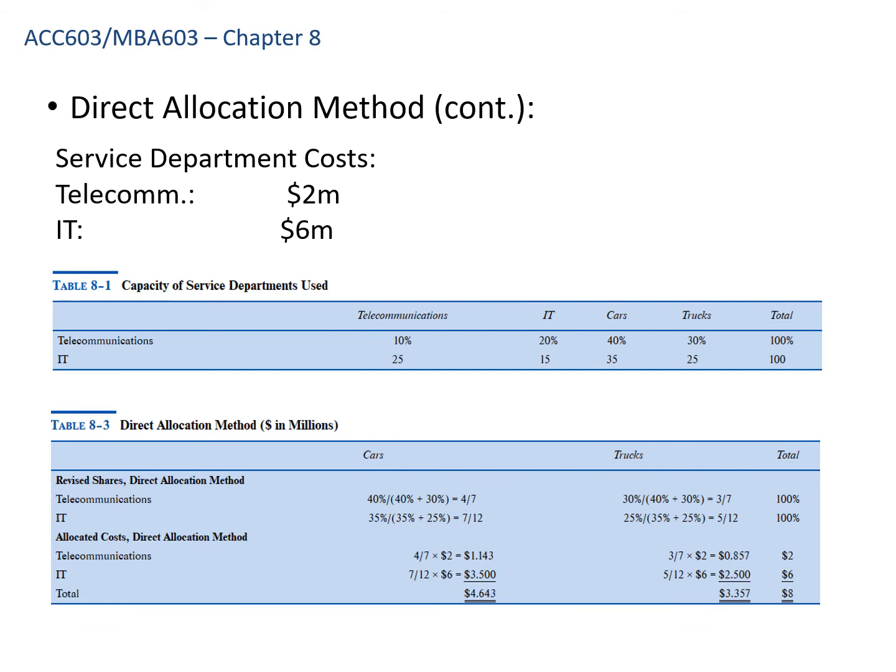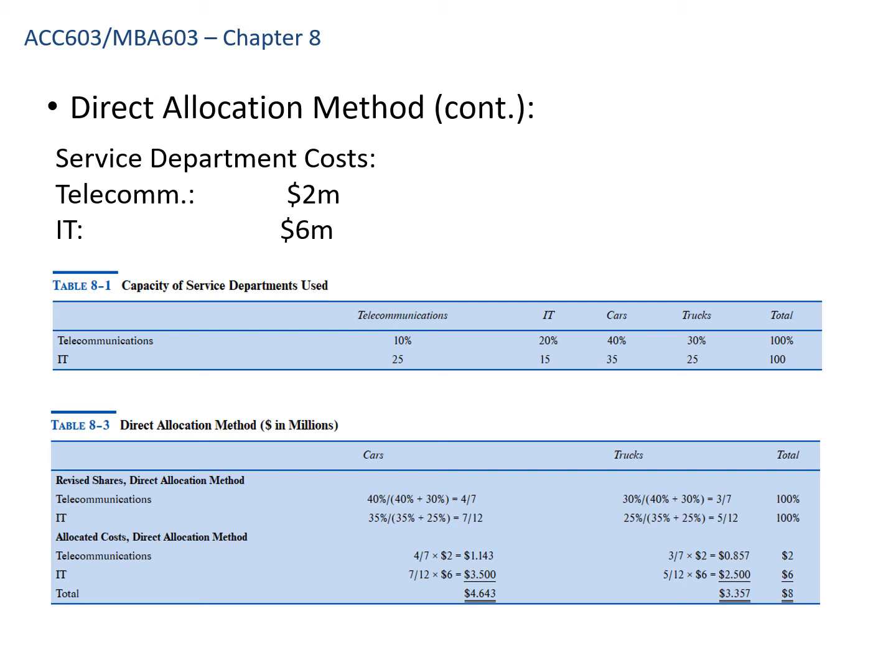So an example of that: we've got two service departments. This is from the textbook. The telecommunications department, $2 million a year, and then the IT department, $6 million a year. You can see telecommunications helps itself to the extent of 10% of its cost, IT 20% of its cost, and then the car division gets 40%, truck division gets 30%.